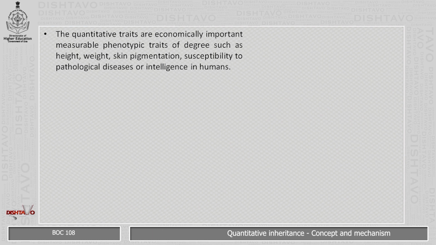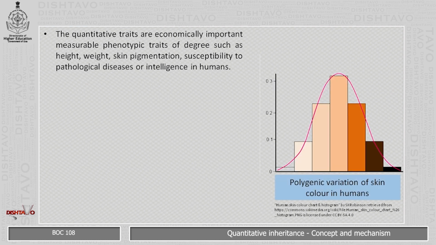Measurable phenotypic traits include height, weight, skin pigmentation, susceptibility to pathological diseases, or even intelligence in humans. It can be represented in a continuous curve such as this. Now this figure shows the polygenic variation in skin color in humans. You can see from the lightest to the darkest.